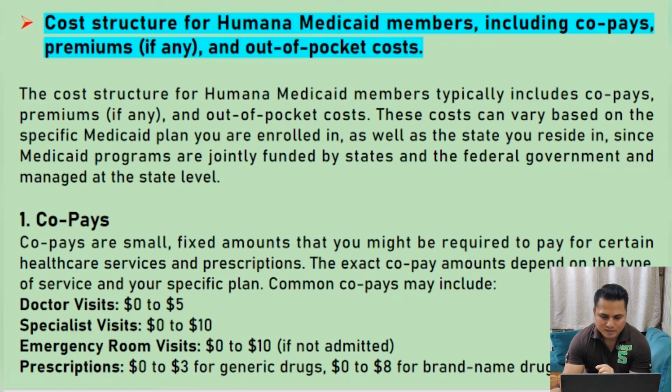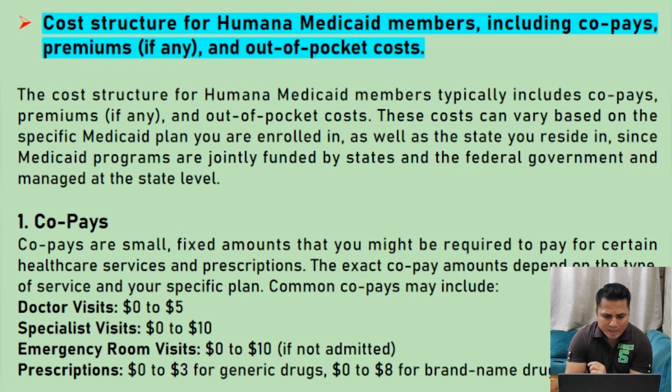Number one, copays. Copays are a small, fixed amount that you might be required to pay for certain healthcare services and prescriptions. The exact copay amount depends on the type of service and your specific plan.